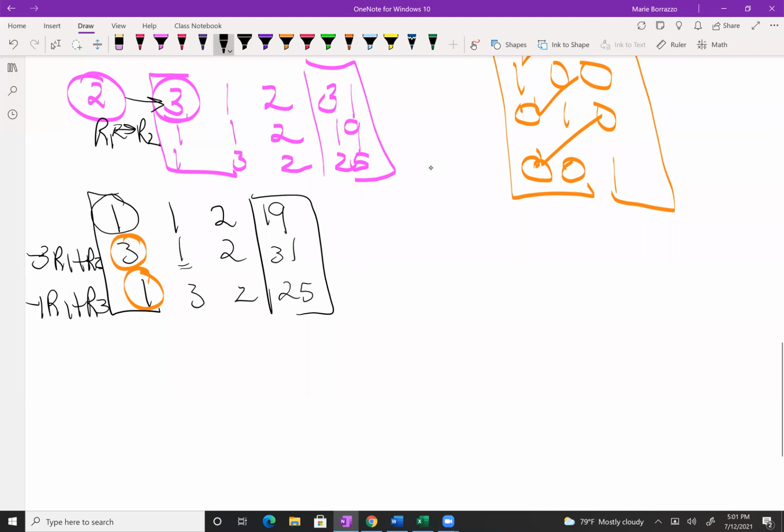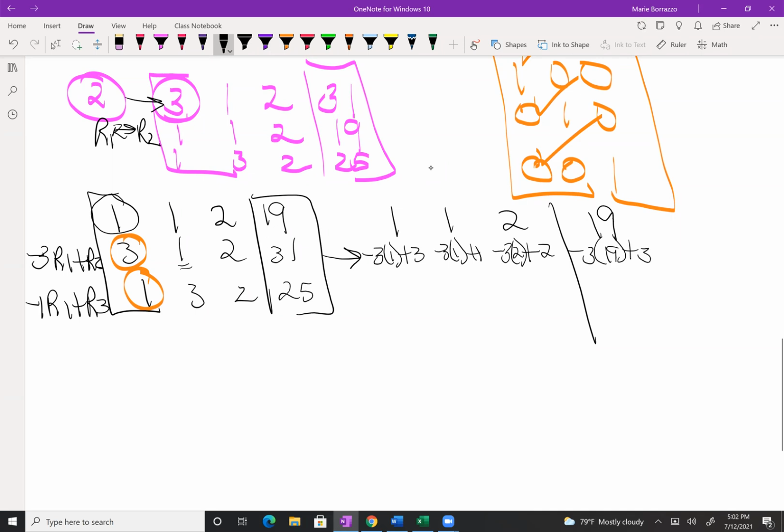Here's what happens. Again, you have 1, 1, 2, 19. The top does not change, but this row is now -3 times 1 plus 3. This is -3 times 1 plus 1, -3 times 2 plus 2, -3 times 19 plus 31.